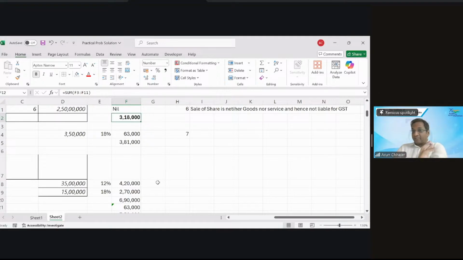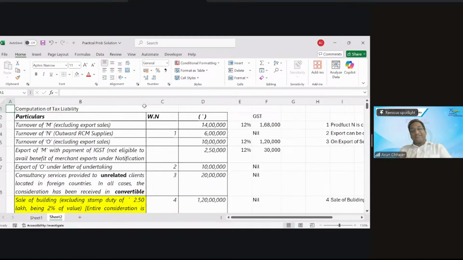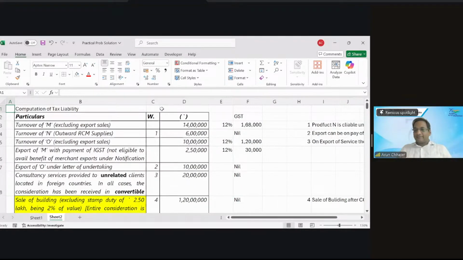Is there any part which is left? Sanjay, why are you saying if? You have the complete question in front of you. You tell me. We have read the complete question. Whatever the output supply is there, you have done the same.